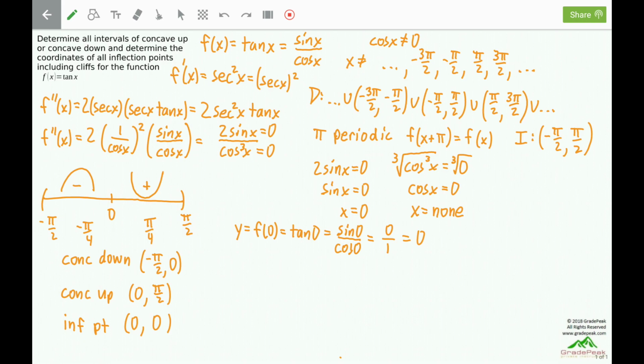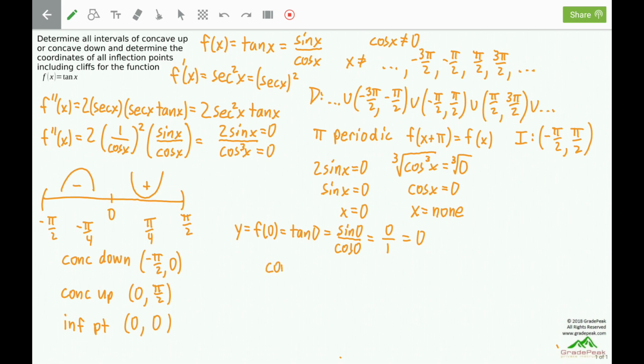We can now extend it to the entire domain by using the pi periodic nature of tangent of x. Each of these x values, which will be every value in these x intervals, and for the inflection point will just be the x-coordinate because the y-coordinate is a trig function. Each of these can be added with the period pi times an integer n.